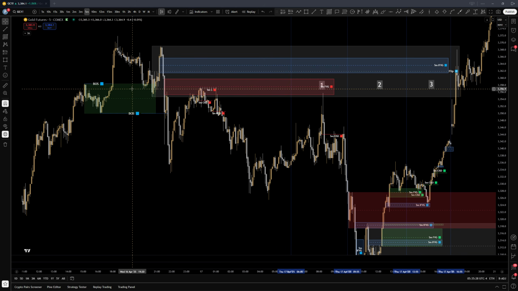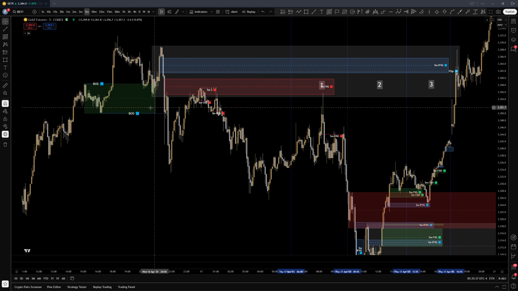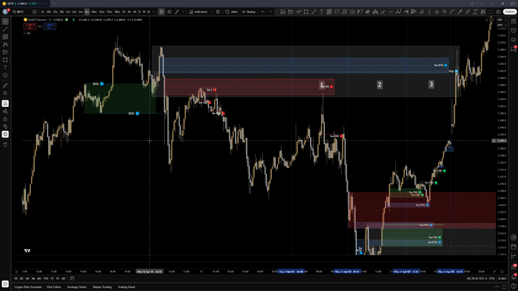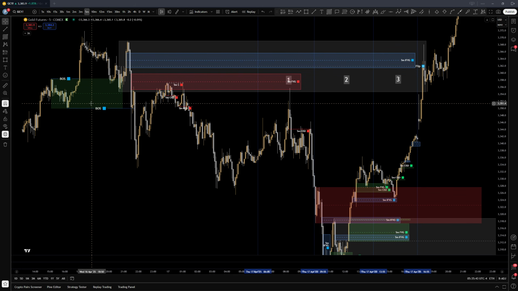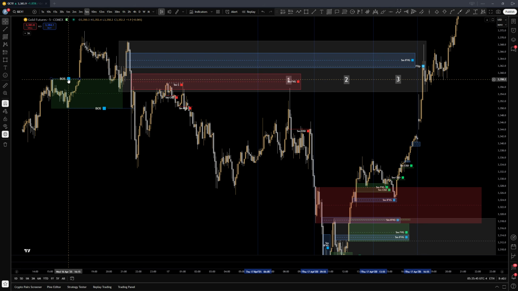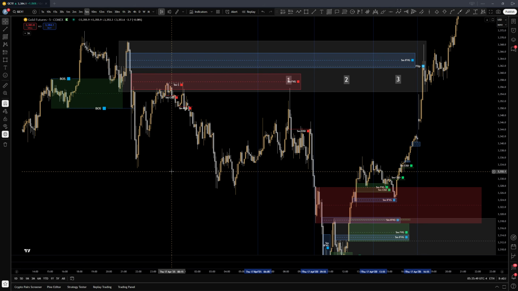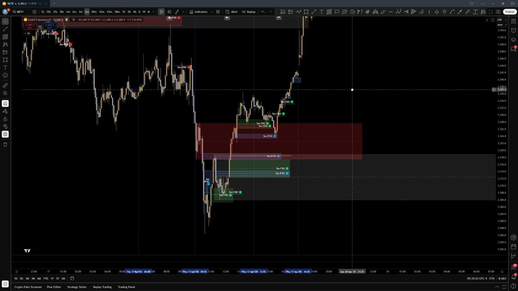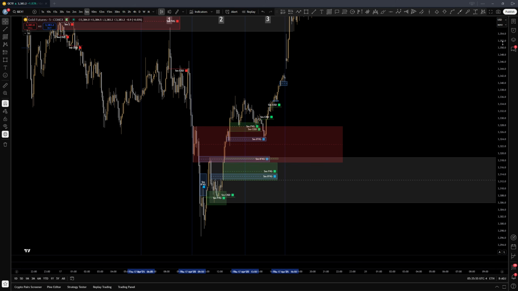Well, firstly, because it's flipped a previously bullish zone, so it's broken through the previous bullish zone, and it's also broken through, causing a break of structure from a market structure perspective as well. So not only has it broken market structure, it's also flipped this zone. Okay, does that make sense? Hope so. Let's move on to another example and see if we can refine it a little bit more.